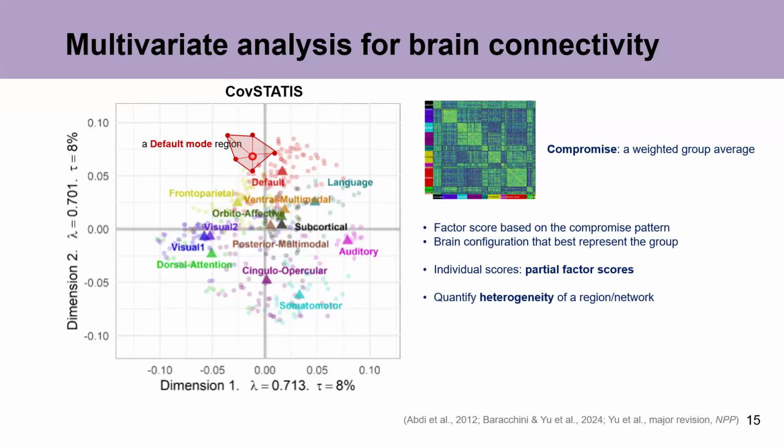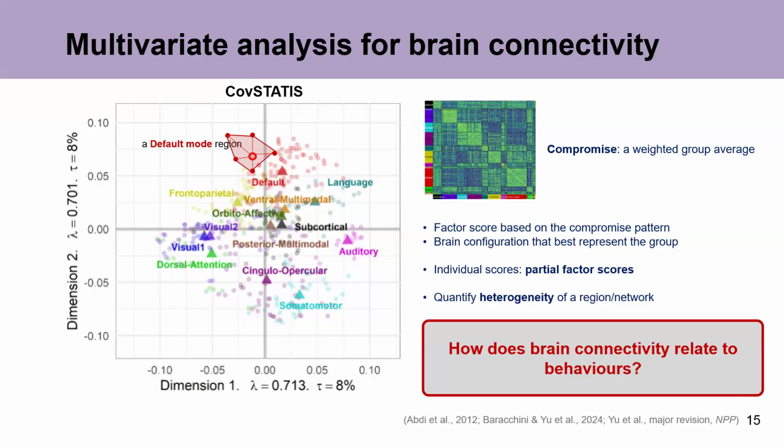If that part was too fast and you don't need this analysis, feel free to forget it. But if you're interested, come talk to me afterwards and we can go into more detail. So I first get this map, and then my next question is, how is this related to my behavior?